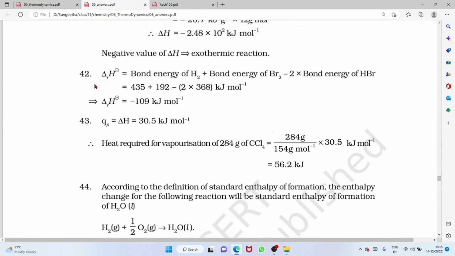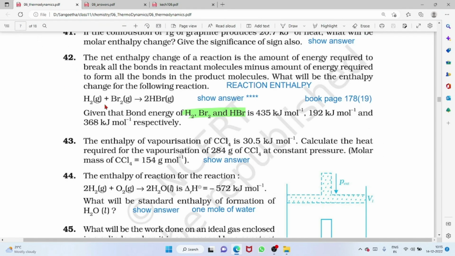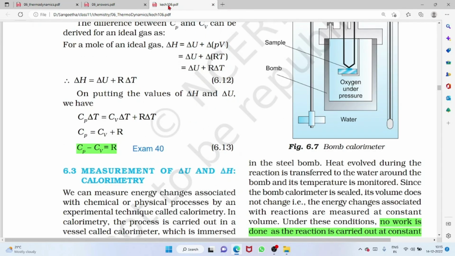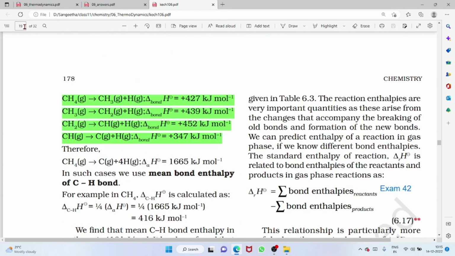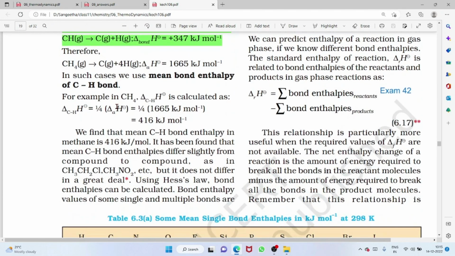See, the reaction enthalpy is the bond energy of the reactants, hydrogen and bromine, minus the bond energy of the products. So this is the net bond energy, the enthalpy. Page 9. The bond enthalpy of the reactants minus products in the gaseous state.